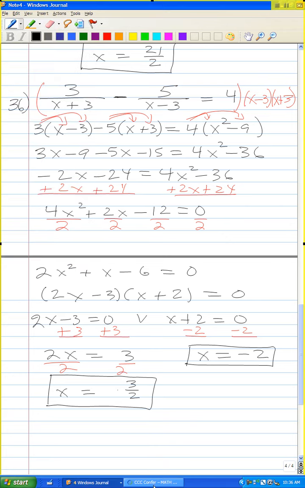So when x is equal to a positive 3 halves, thank you very much, I'm not dividing by 0. In this equation, I'm only dividing by 0 when x is negative 3 or positive 3.